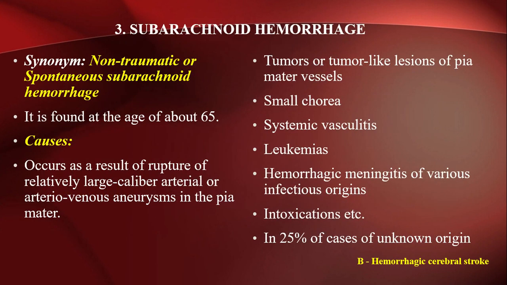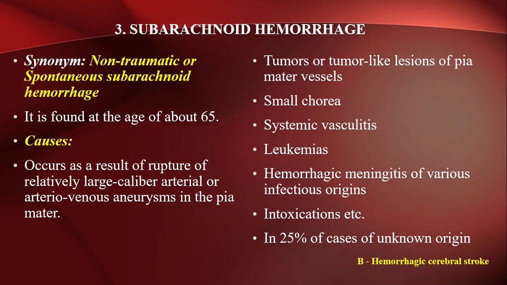And the final type of hemorrhagic cerebral stroke, the subarachnoid hemorrhage. The synonym is non-traumatic or spontaneous subarachnoid hemorrhage. It is found at the age of about 65.